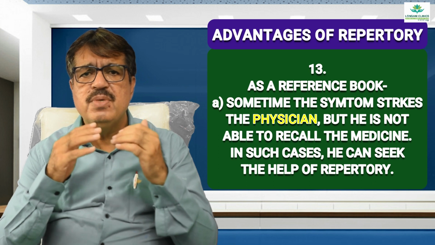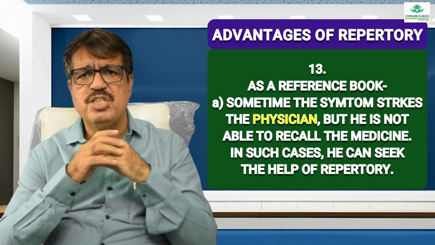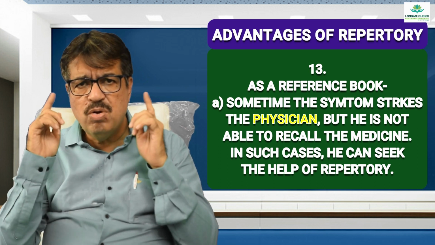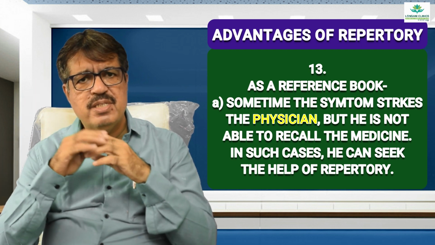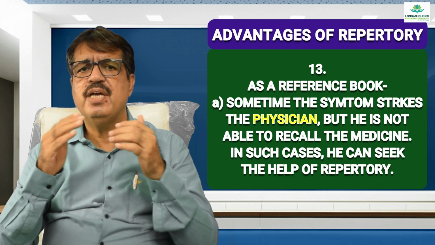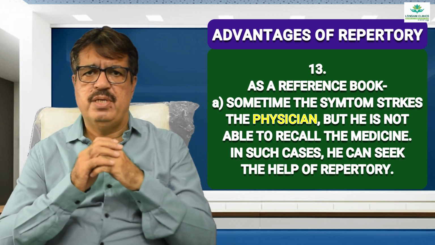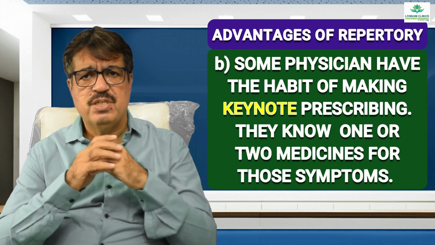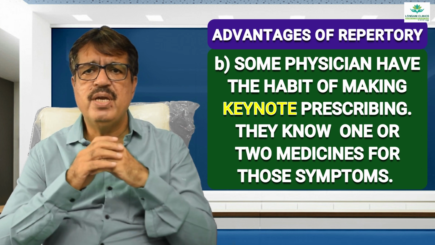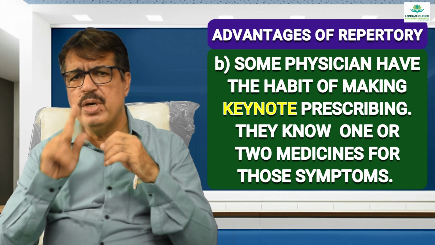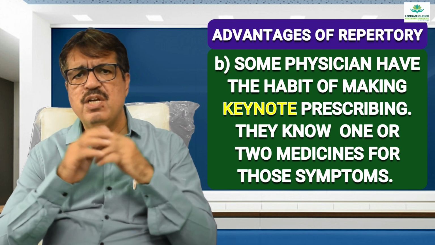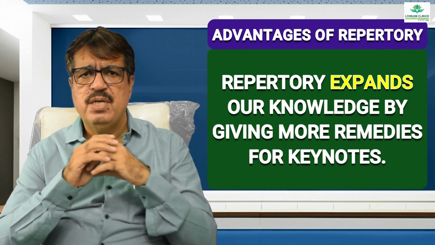Sometimes the symptom strikes the physician, but he is not able to recall the medicine. In such cases, he can seek the help of repertory. Some physicians have the habit of making keynote prescribing. They know one or two medicines for those symptoms.